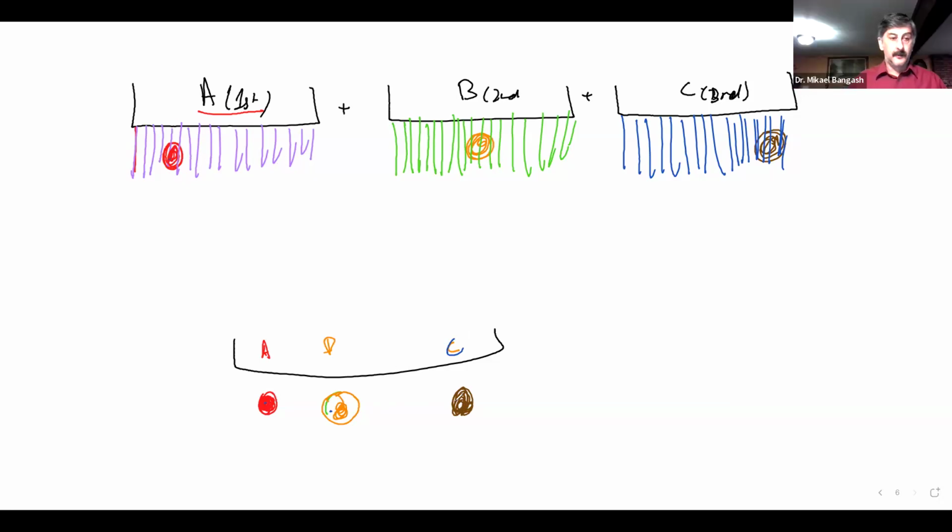Any questions? Now, some of you will say, couldn't we have had the beam steered in this direction?